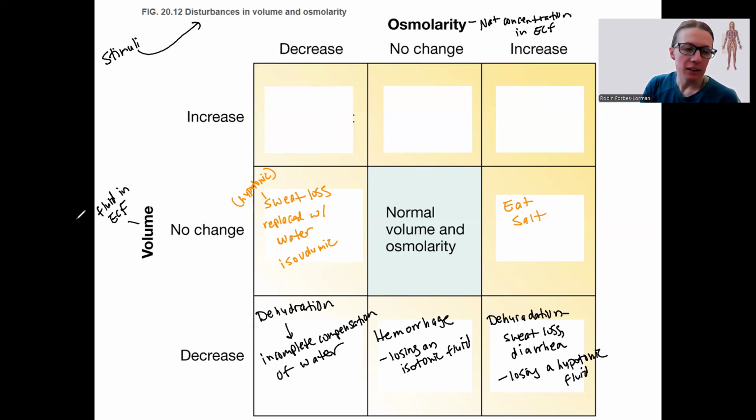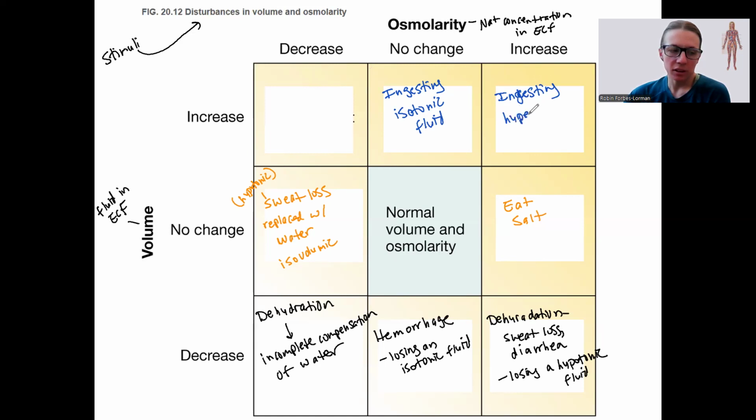Okay. Other way here. I'm going to draw this in blue because they're all types of ingesting. So first, let's do our normal osmolarity. This would occur if we're ingesting isotonic fluid. We would increase osmolarity if we are ingesting a hypertonic fluid, salt water.